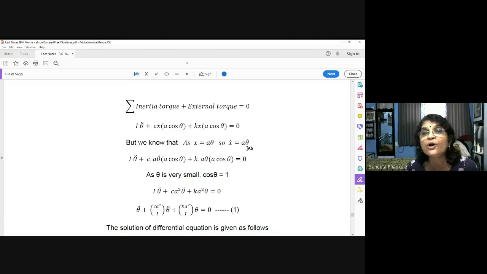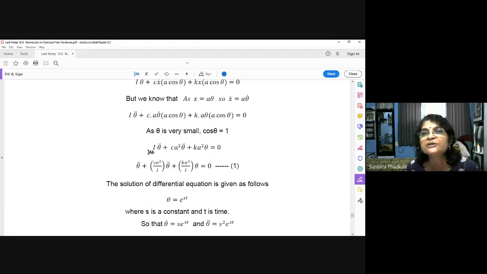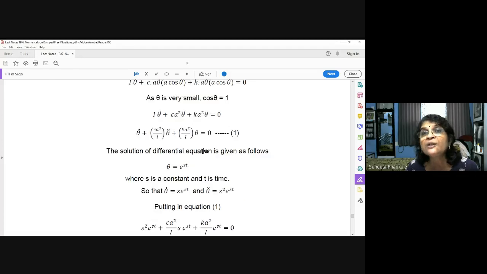Putting these values, you will get this one. As theta is very small, cos theta is equal to 1, so your final expression is I theta double dot plus Ca square theta dot plus Ka square theta equal to 0.